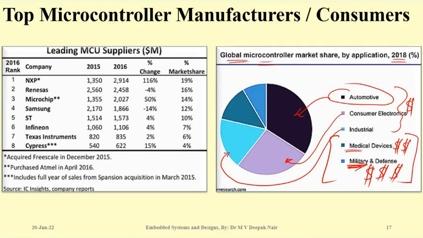The highest salary you can get is from the military and defense. And of course, if you are working in medical device designing companies, I can give you a good name: GE Electricals.